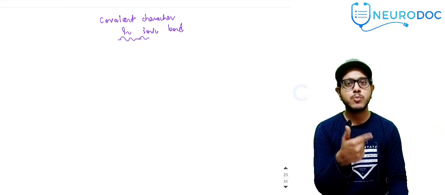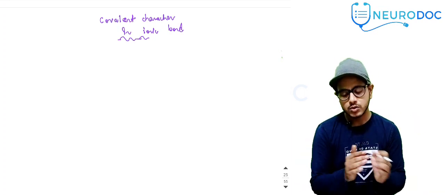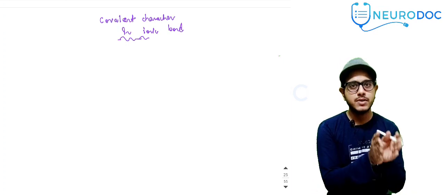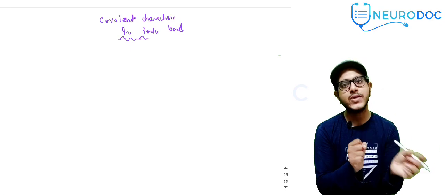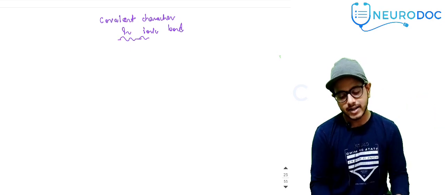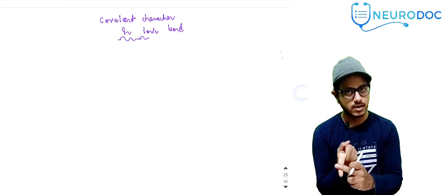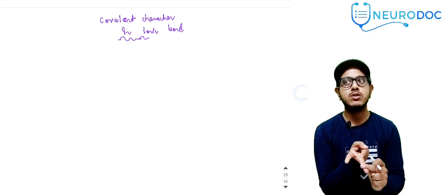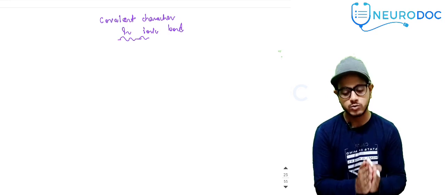Okay, so the anion is polarized, it means it's shifted towards the cation. So it basically depends on the polarizing power of the cation and the polarizability of the anion, or the ability of the anion to be polarized. It depends on that also.